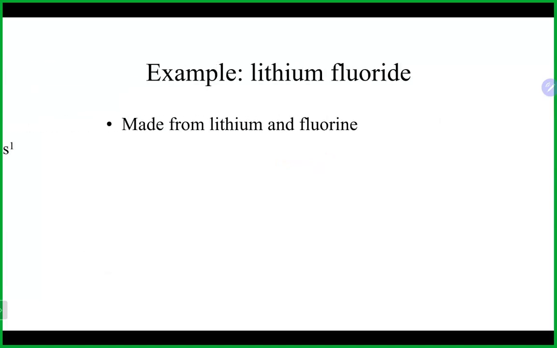So let's take a look at an example of what will happen here in a formation. First off, I see lithium, which by the way, again, is a metal. I see fluorine, which is a non-metal. So once again, as I mentioned a second ago, automatically we should be thinking ionic bond in this situation because of that.